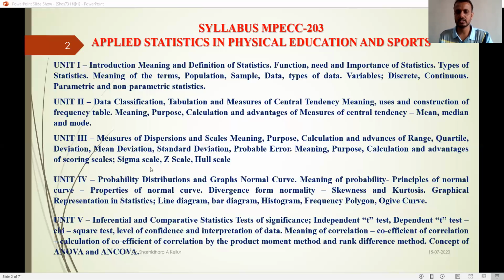In that, sigma scale, Z scale, Hull scale, these aspects are measured in the third unit.